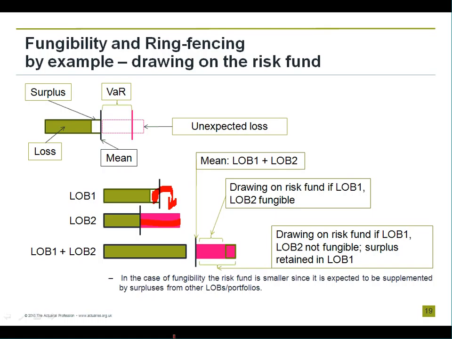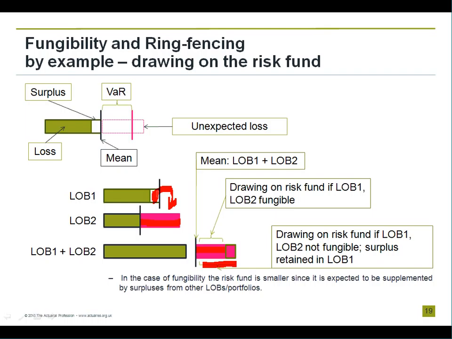As a result, what comes out of the risk fund is only this whole pink amount, minus this surplus which you obtain from this LOB. Because surpluses are shareable, you get full fungibility.